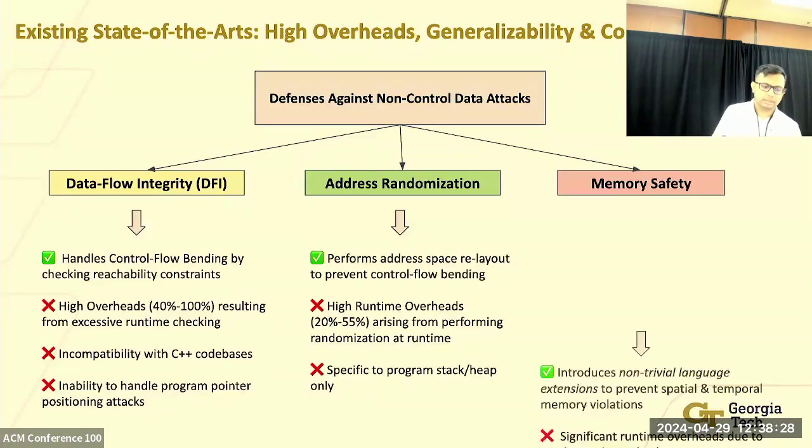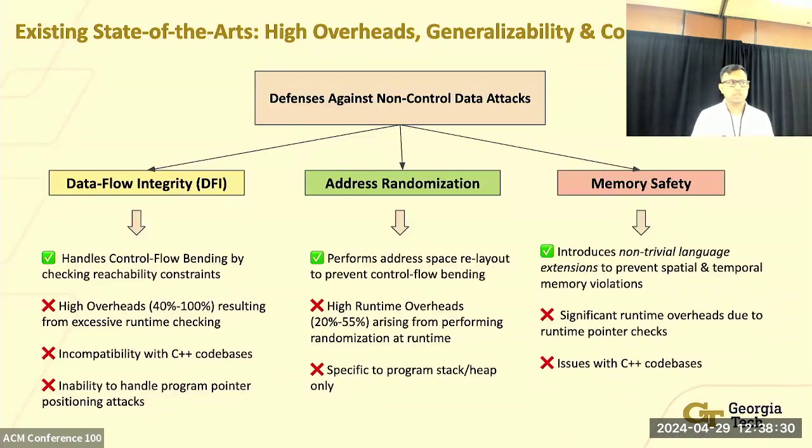The more complete solution is memory safety, which introduces non-trivial language extensions to prevent both spatial and temporal memory violations. But all techniques nowadays have very significant overheads because they try to take care of all cases. And some of these memory safety papers have issues with C++ benchmarks. So the two main issues are high overheads and that they're not very compatible. They might have some issue with C++ benchmarks or pointers.